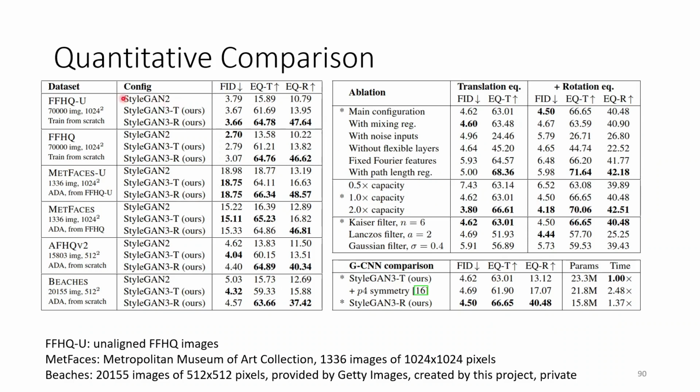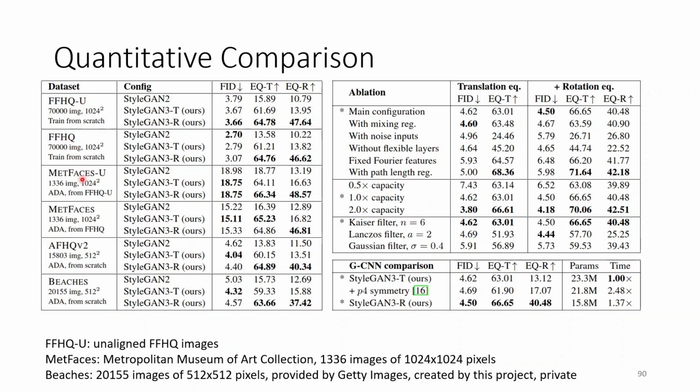So compare with StyleGAN V2 for the FFHQ-U. FFHQ is the Flickr Faces High Quality dataset, and the U means unaligned, so the face can be anywhere. Then we will see some images later.